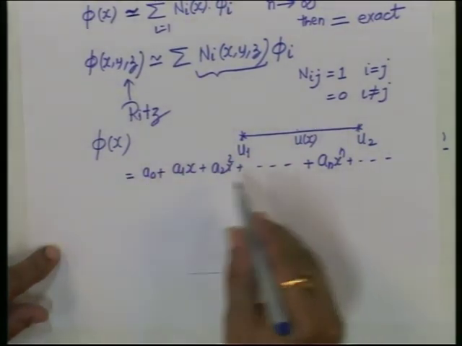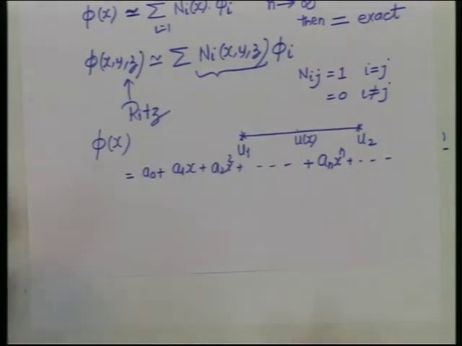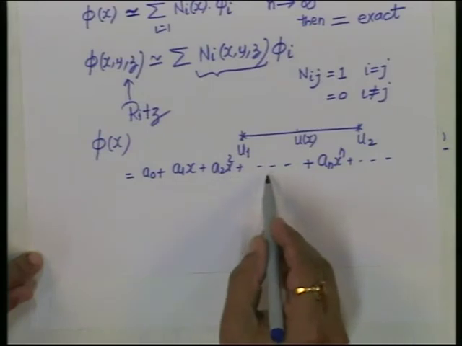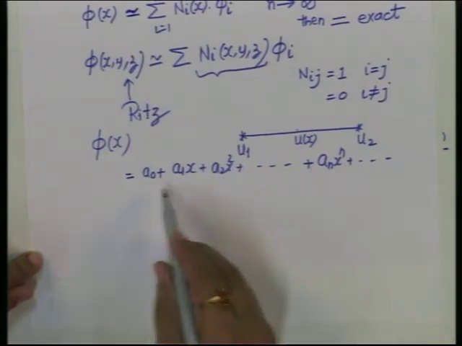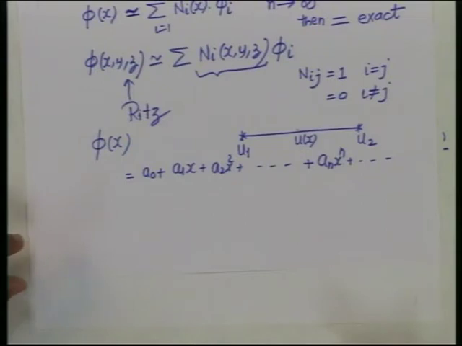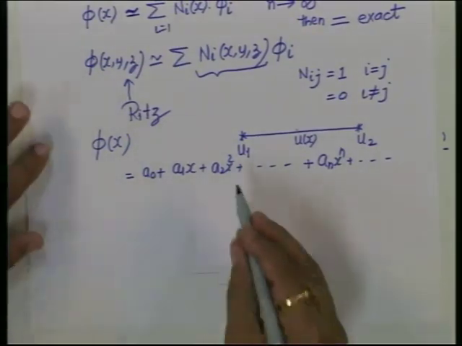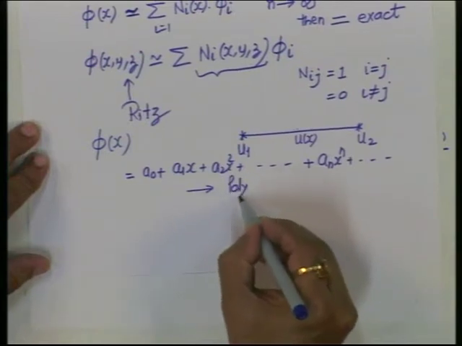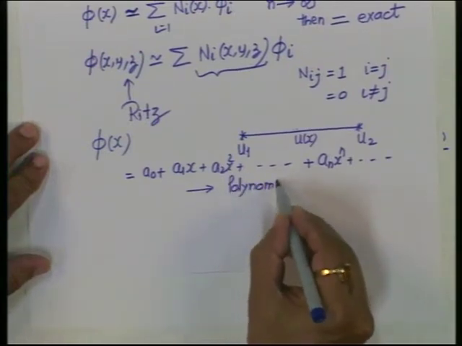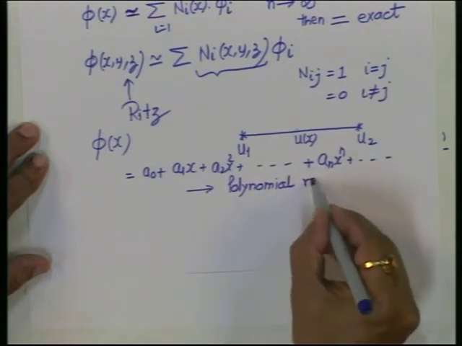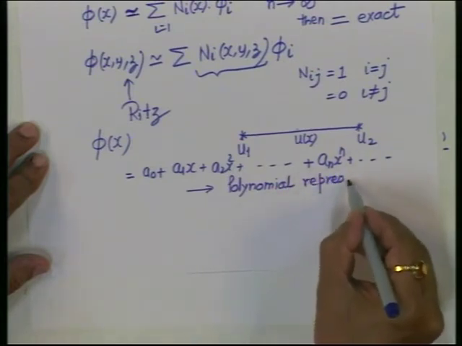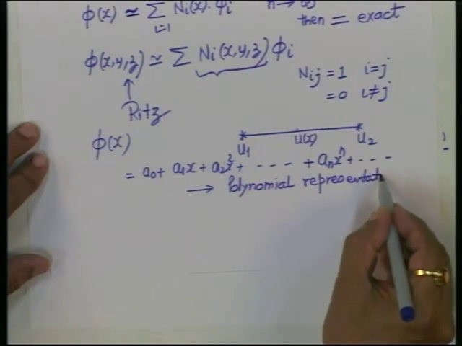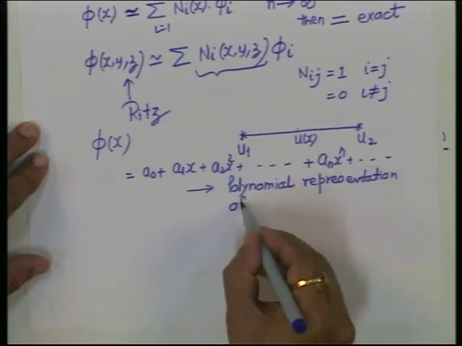Again, we will not be able to take the entire infinite number of terms, so we always truncate it. Any function can be represented by a linear function, quadratic function, cubic function, quartic function, etc., depending upon how many terms you take in this polynomial. So, polynomial was the simplest representation of a function.